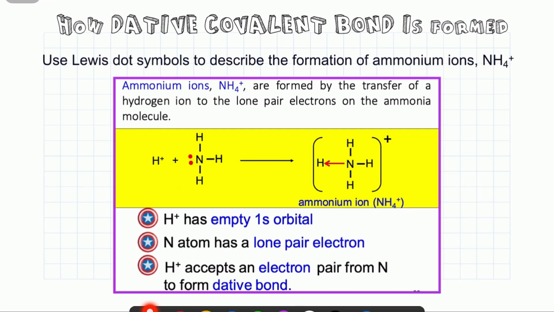So nitrogen has 2 electrons that it can use to form a bond with the H. To show the dative covalent bond, you have to use an arrow from the nitrogen to the hydrogen. So this is the dative covalent bond.